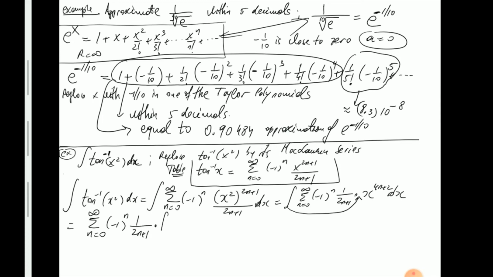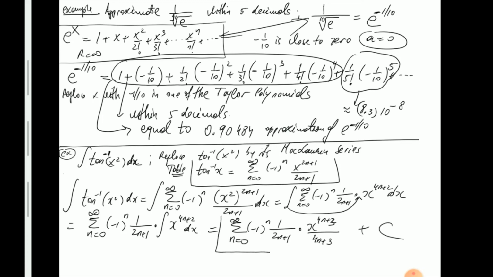And it's just a matter of integrating x to the power 4n plus 2 dx, which is just the power rule. So x to the 4n plus 2 plus another 1, over 4n plus 3, plus a constant of integration. So this is your antiderivative of the inverse tangent of x squared, which is written in terms of a series.